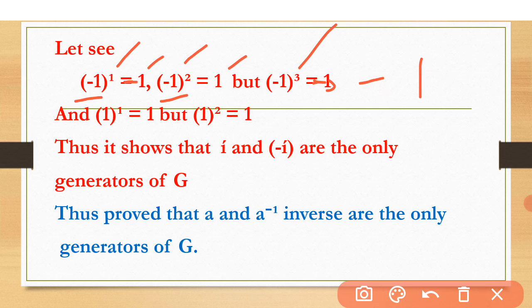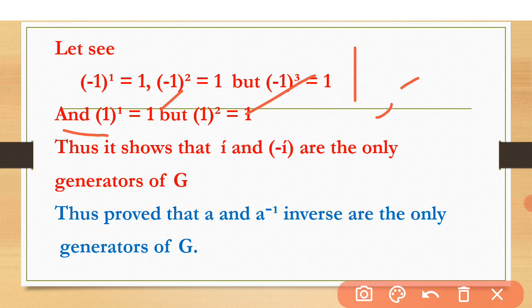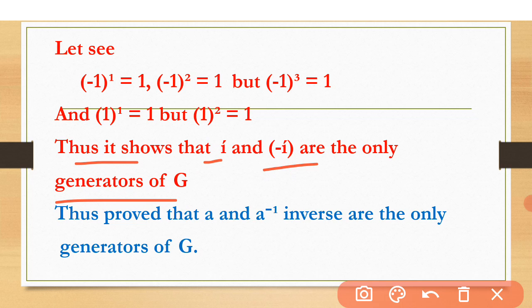So we see that minus 1 can generate only 1 and minus 1. Now the other element, 1: 1 raised to power 1 is 1, 1 squared is 1. It means that 1 and minus 1 cannot generate iota and minus iota, the other two elements, and cannot generate all elements of G. This shows that iota and minus iota are the only generators of G.